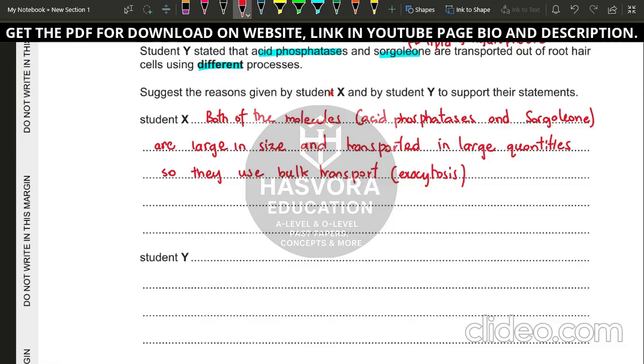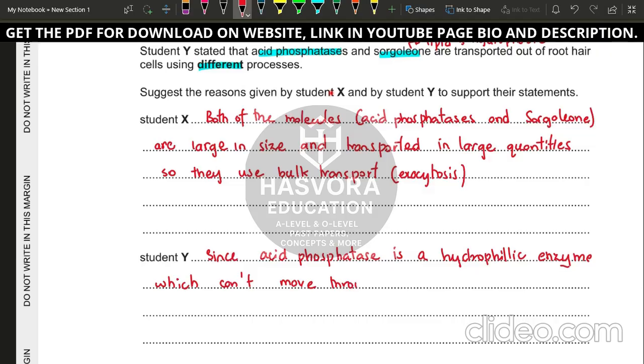While for the second one, we can say that since acid phosphatases is a hydrophilic substance, or you can also write it as hydrophilic enzyme, okay, so you can write it is a hydrophilic enzyme which can't move through the phospholipid bilayer directly.